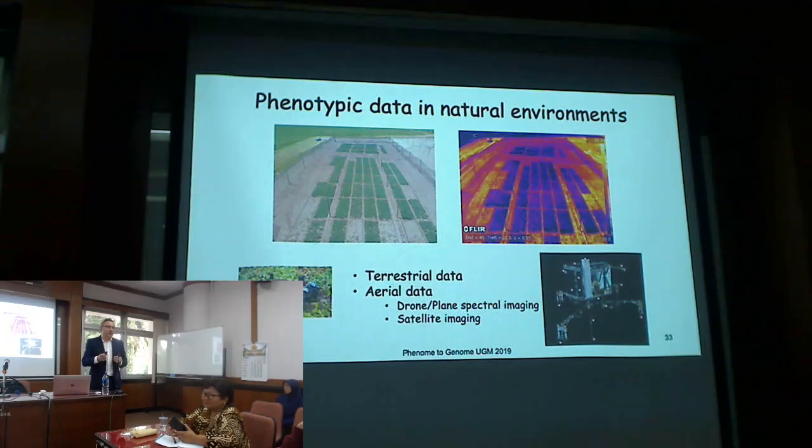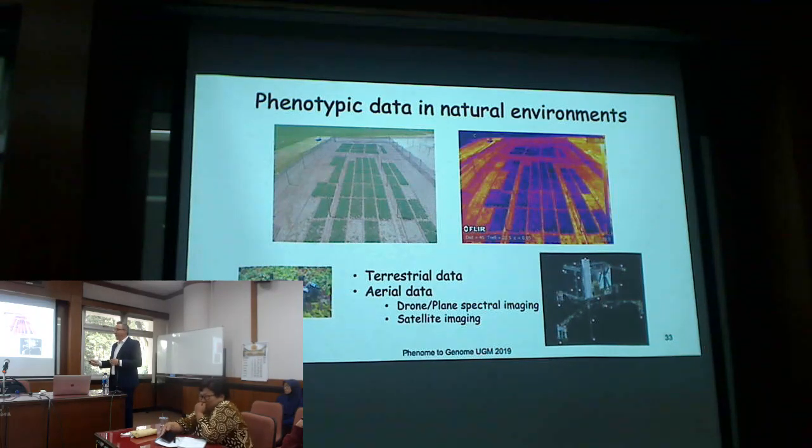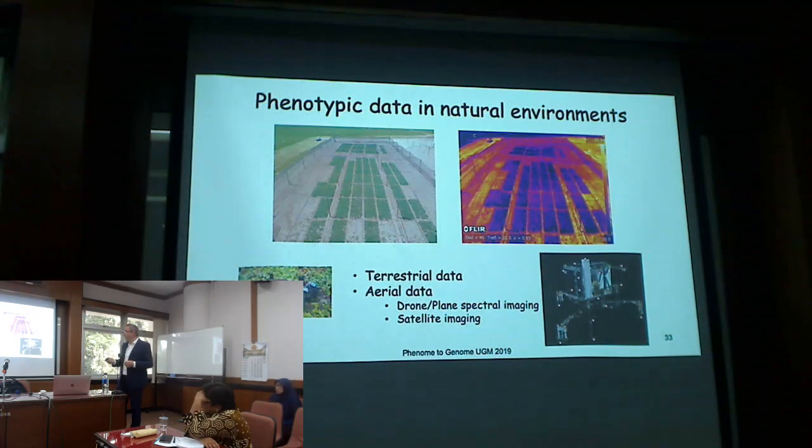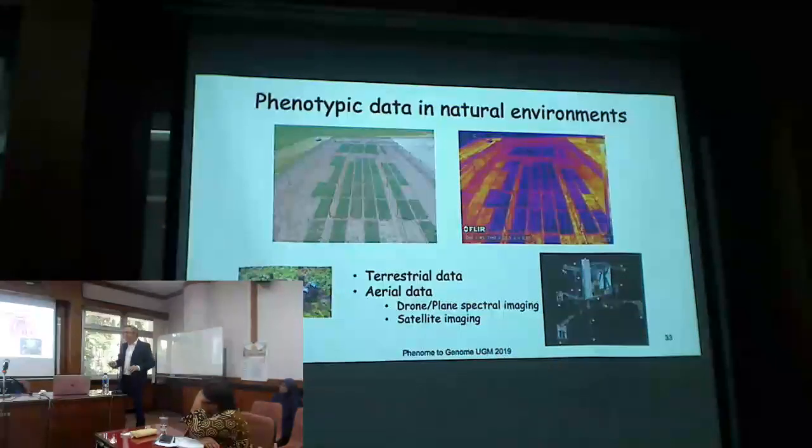Okay? And for those of you that like technology and engineering, this is a big area of interest. And of course, you have drones, like here. In Australia, in Malaysia as well, and probably here in Kalimantan as well, there's a lot of plane spectral imaging, so to collect data with planes. They just fly and collect data.